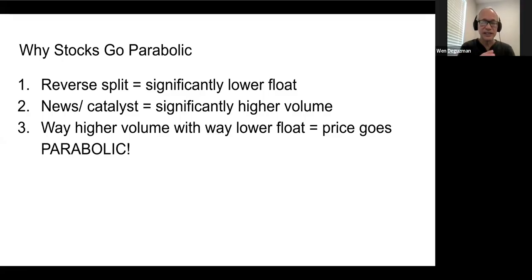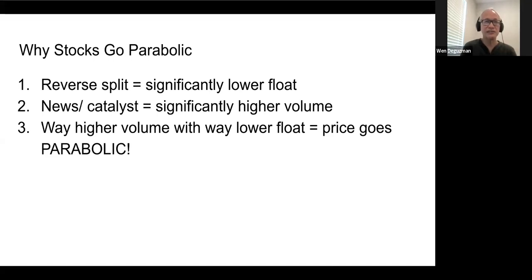And if the price of the stock is below $1, there's a chance that stock will get delisted, right? In order to prevent getting delisted, they have to fix the business and so on. But if they can't do that, they can do what is known as a reverse split.